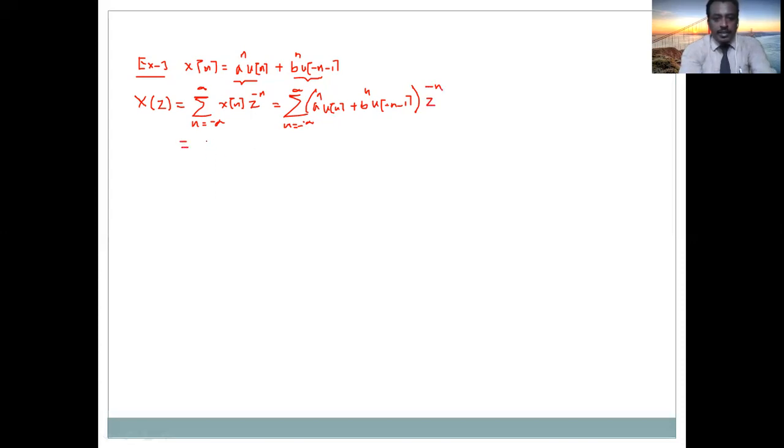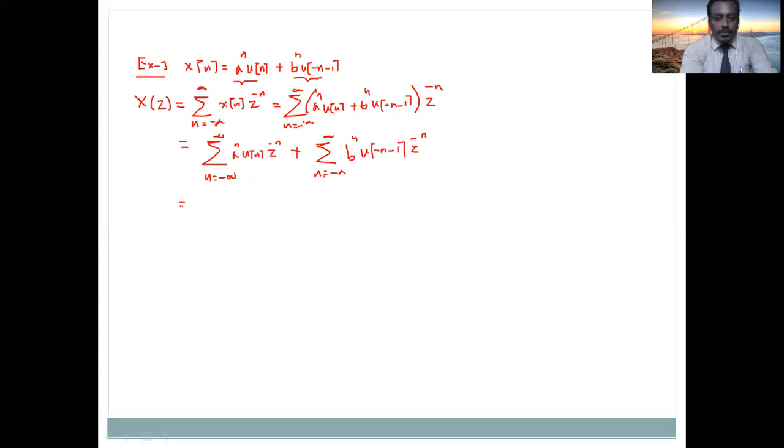So now we can rewrite this. Summation n from minus infinity up to infinity of a raised to n u of n times z to the power of minus n, the first, plus summation n from minus infinity up to infinity of b to the power of n u of minus n minus 1 times z to the power of minus n.